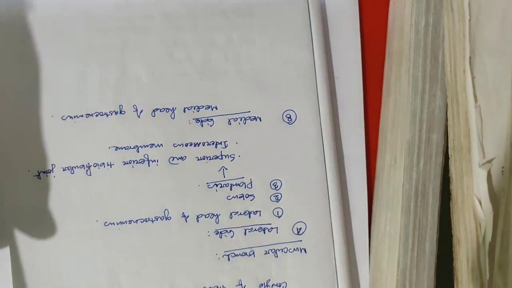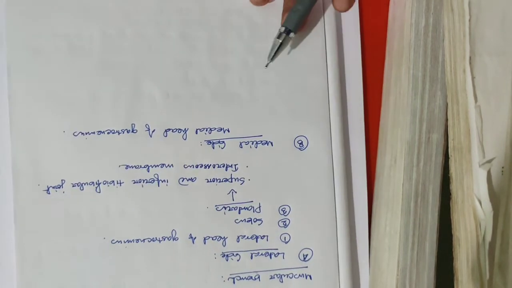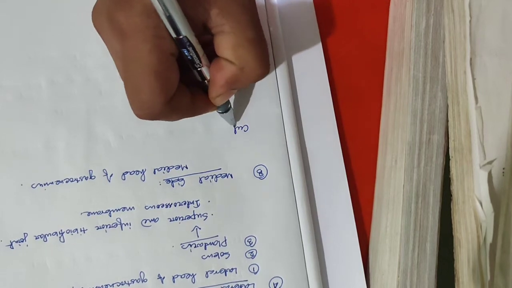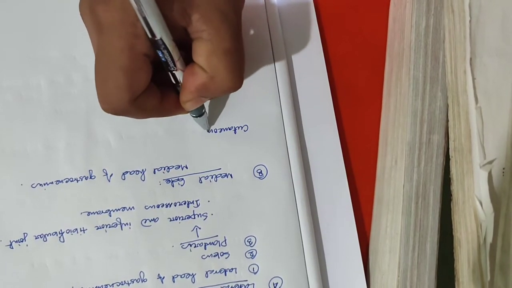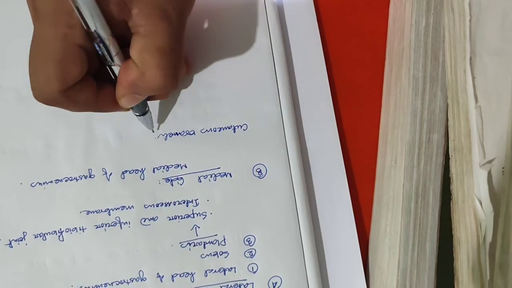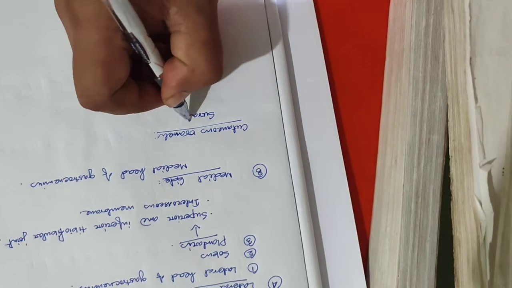And next, the cutaneous branch, which is called the sural nerve.